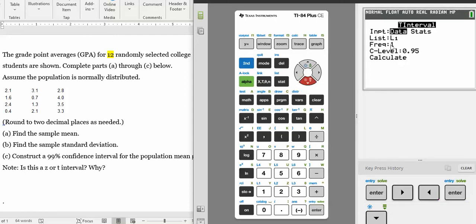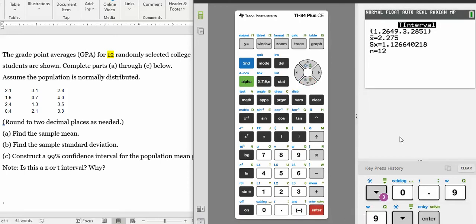Then we tell the calculator to go to L1 to pull your data. I did input into L1, so that's the right one. And change your confidence level if you need to. We have 99%, so I just enter 0.99. Make sure you convert it into a decimal, and then just go ahead and hit enter, and that's it.